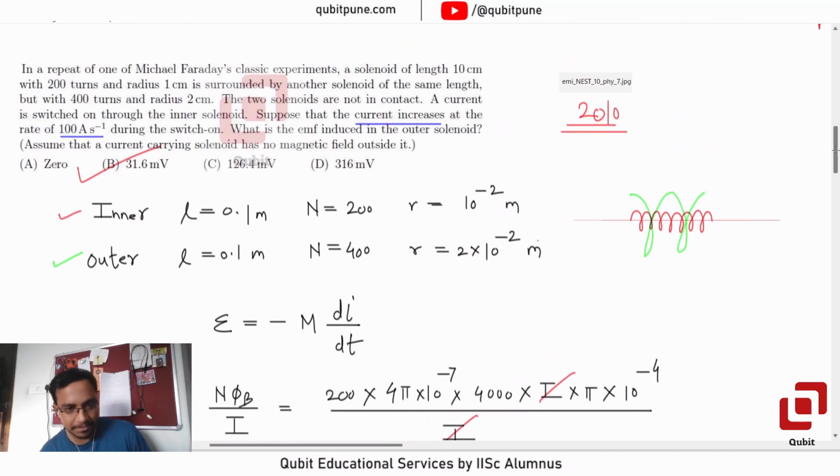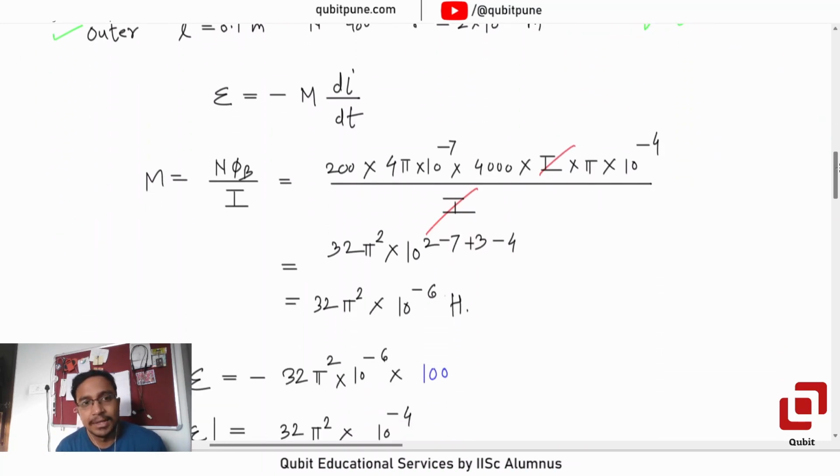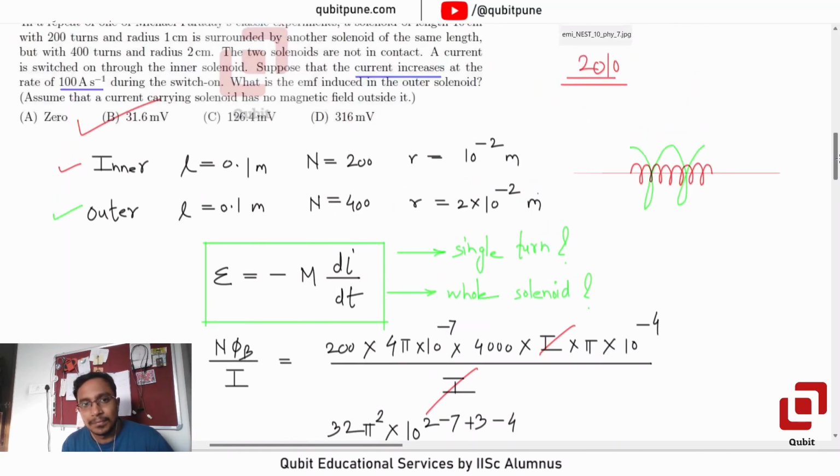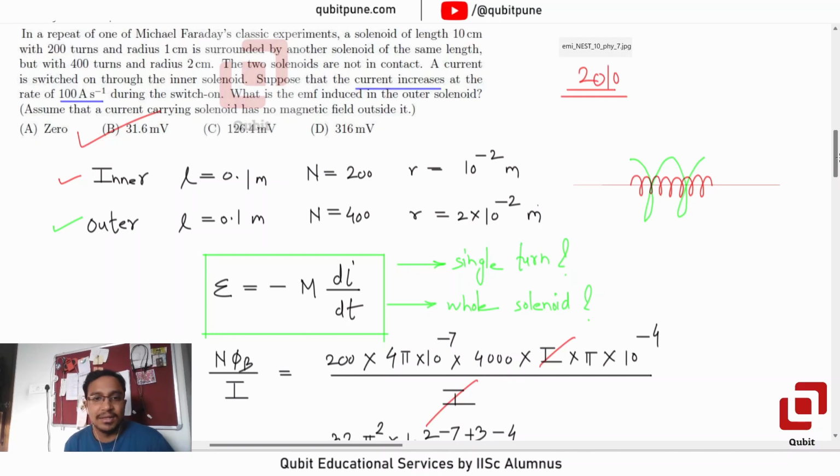Now, a question just occurred to me: this expression for induced EMF that we write, is it for a single turn or is it for the whole solenoid? Can you answer that question? It is for the whole solenoid, because while calculating the mutual inductance, we have considered all the turns of that inner solenoid.